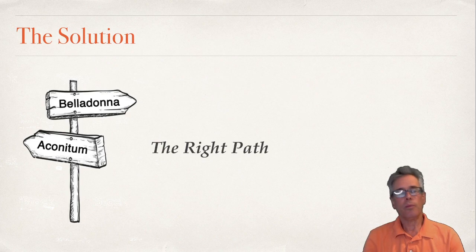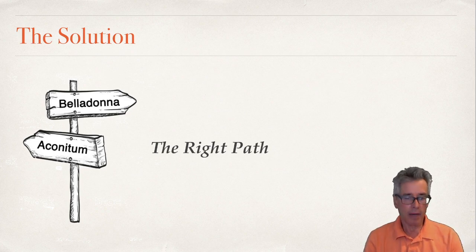So I just want to talk a little about what would be the right path. The right path would be knowing what's useful in terms of the language of the homeopath that's being described by the patient, both verbally and in their symptoms. That means knowing what symptoms of theirs are reliable.